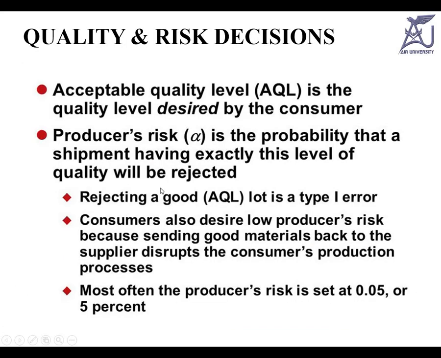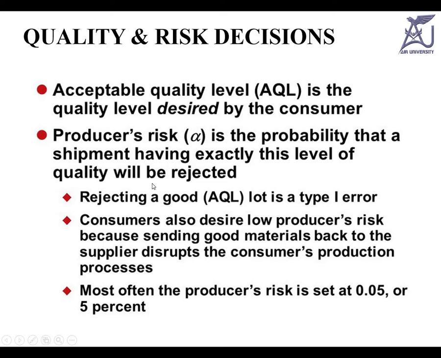Okay, coming to the quality and risk decision, the first term is acceptable quality level, as we discussed earlier, that is the quality level desired by the consumer, and it has been decided as per contract between the consumer and the producer. What is the producer risk, which we call alpha? This is the probability that a shipment having exactly this level of quality will be rejected.